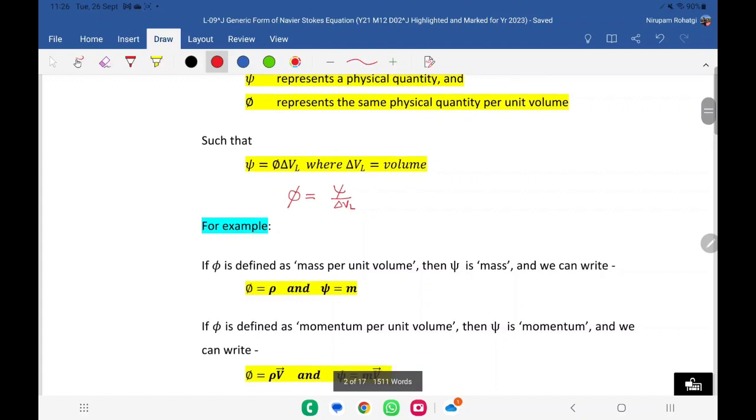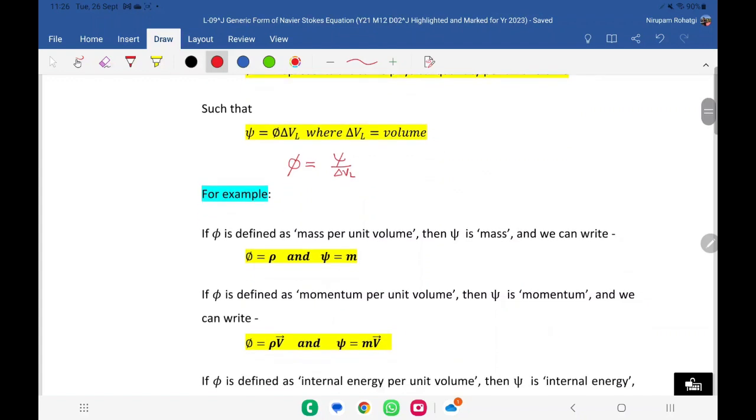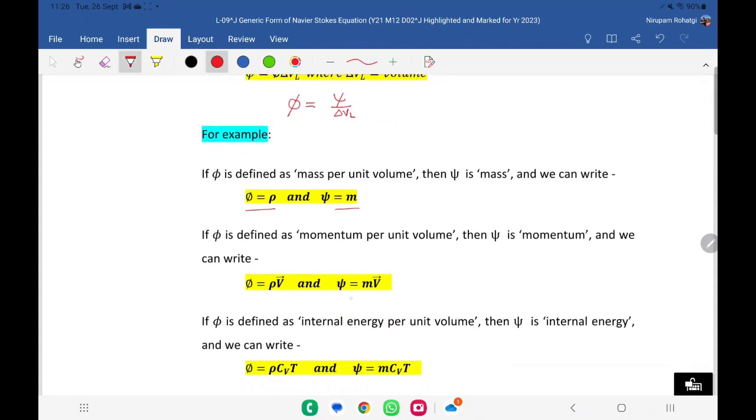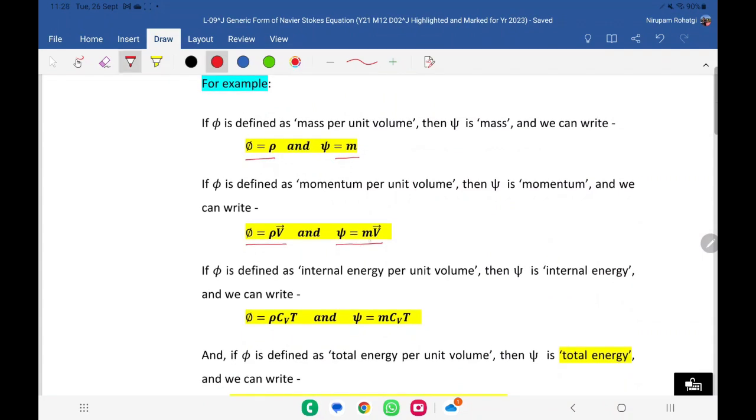Now, what are the examples? Suppose psi is equal to mass, phi will be equal to rho. If psi is equal to mass into velocity, that is the momentum, phi will become rho into velocity, rho v.